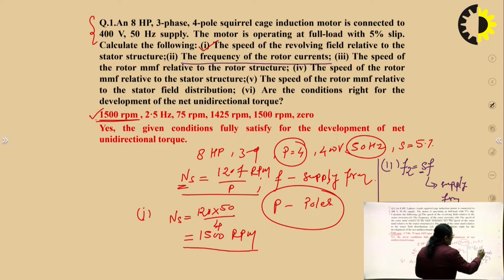So, knowing f and the operating slip, the frequency of rotor induced current f2 can be determined as s times f.